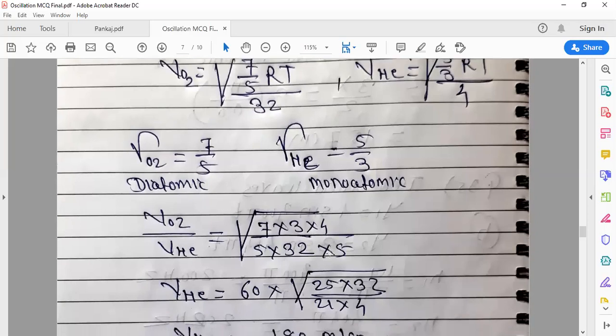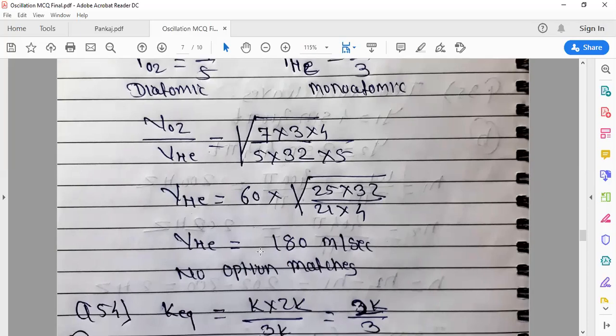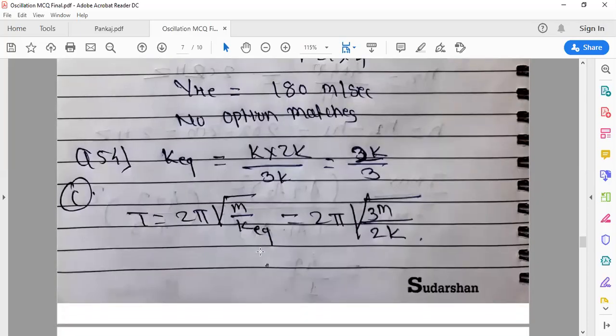Simplify it, we get velocity through the helium medium is equal to 60 into under root of this value. So we get the speed of sound through the helium medium equal to 180 meter per second. But in the options, there is no correct option. So we'll see the next question, question number 54.